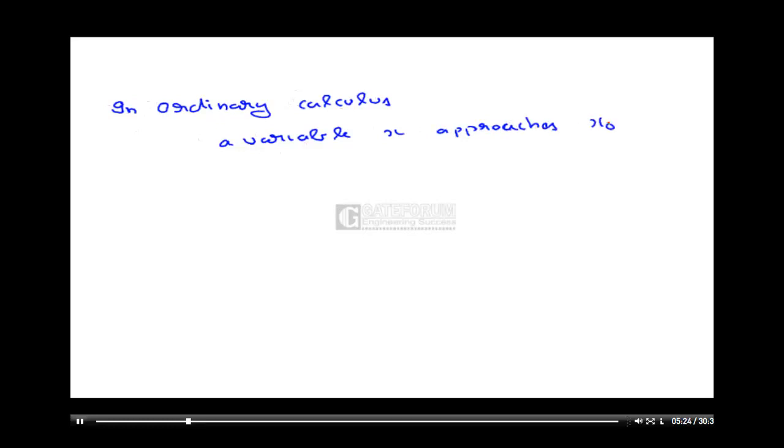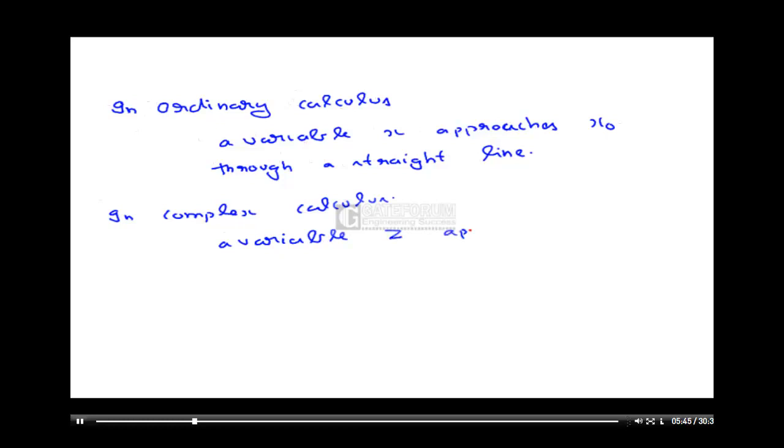See, in ordinary calculus a variable x approaches x naught through a straight line, whereas in complex calculus a variable z approaches z naught from any direction, that is z equal to x plus iy.